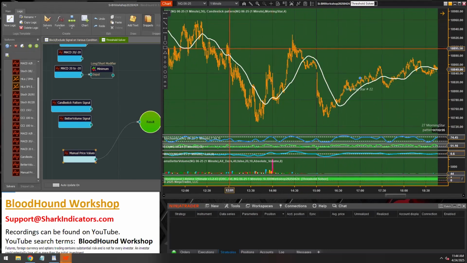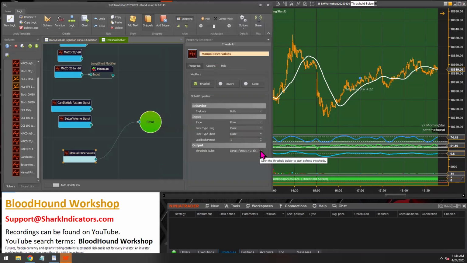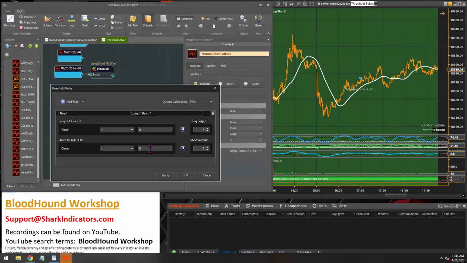Let's see, I'm on the NQ. All right, so I'm going to open up the rules window here, and I'll include the equals condition. Let's put those numbers in there. All right, so those two numbers work for today's market here, right?